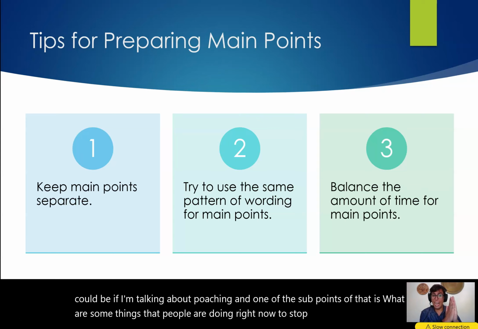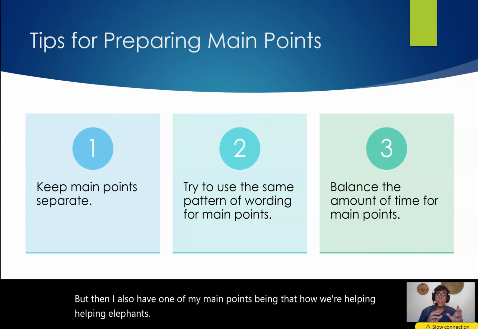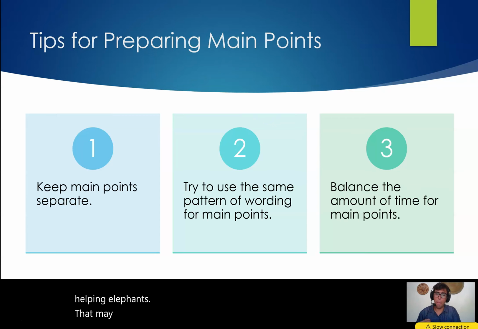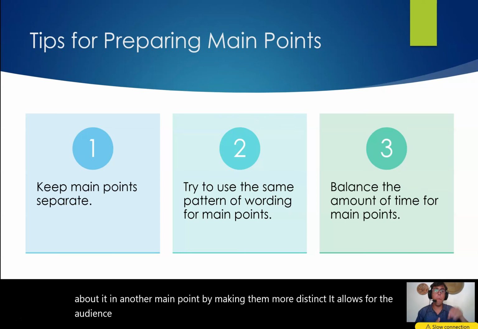But then I also have one of my main points being how we're helping elephants. I may have to remove that subpoint because I know I will talk about it in another main point. By making them more distinct, it allows the audience to understand it better and remember and recall it better.